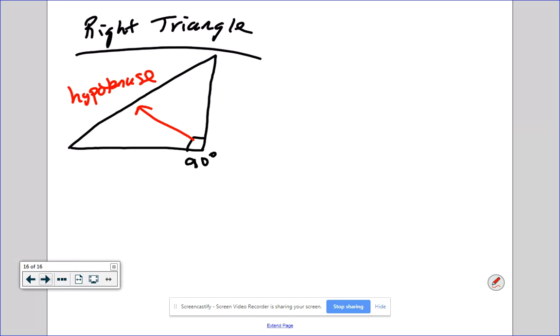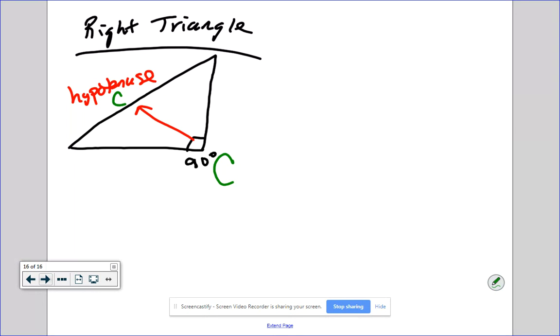The longest side of your triangle. We usually call that hypotenuse lowercase c. Then we usually call the angle uppercase C. So when you're working with triangles, you use capital letters for angles, lowercase letters for sides.